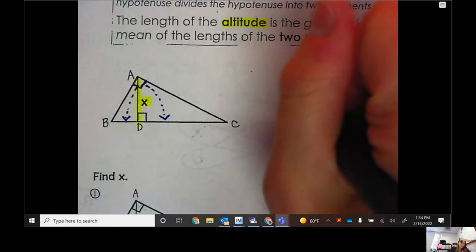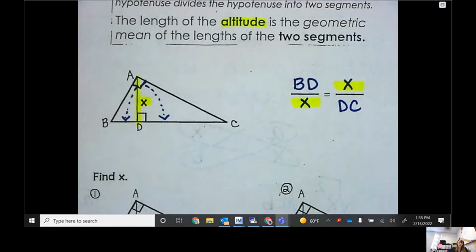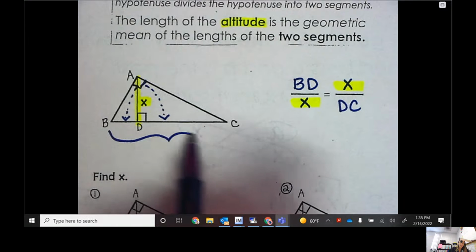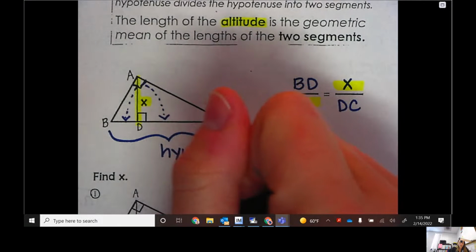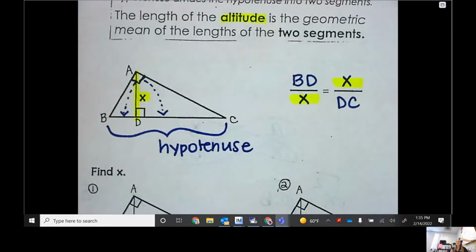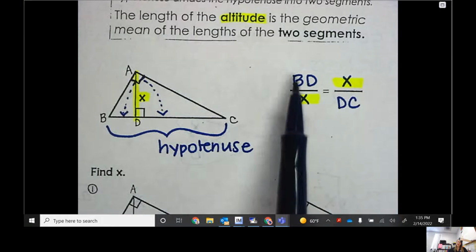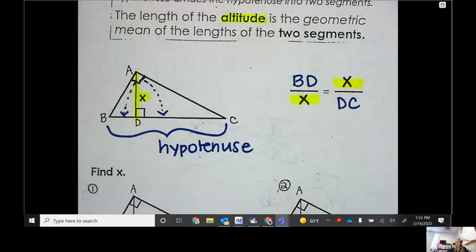In total, this whole piece, BC, is called the hypotenuse, the longest side of the triangle. So we go to the 90, we go across from it. The two segments across from the 90 will be diagonal, and then the piece of the altitude will also be diagonal. Okay, so let's try an example.